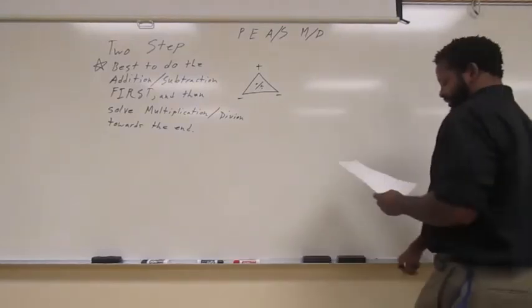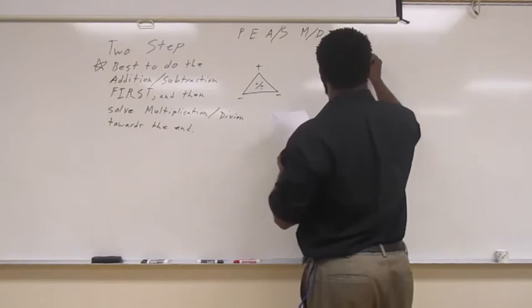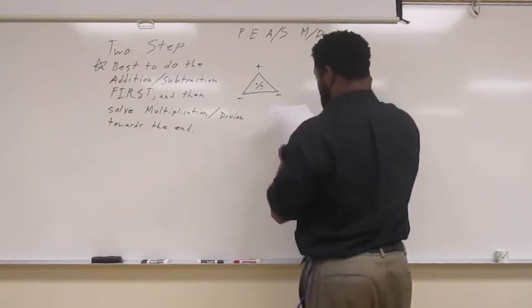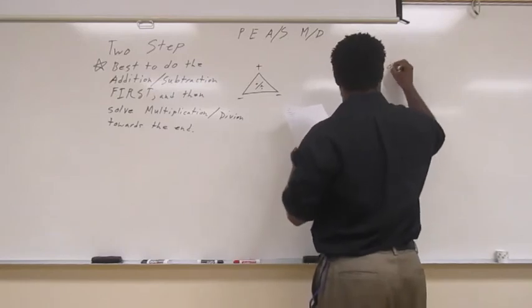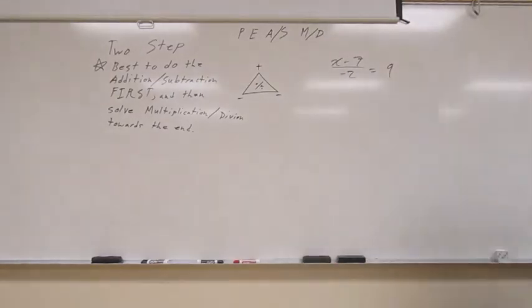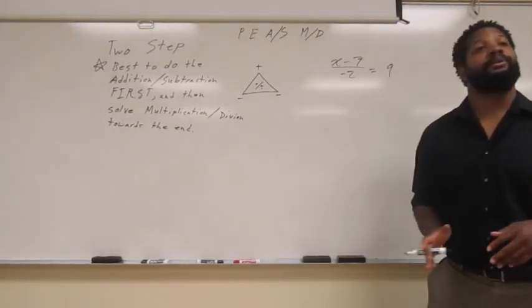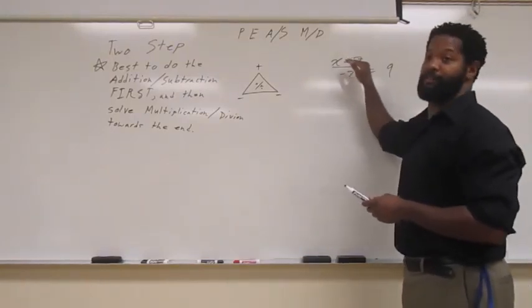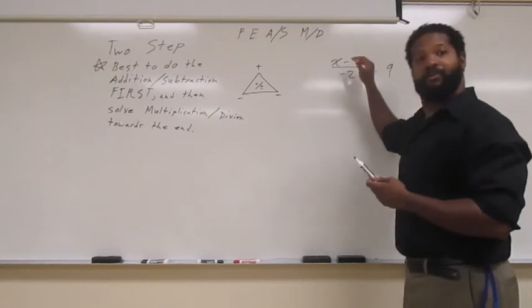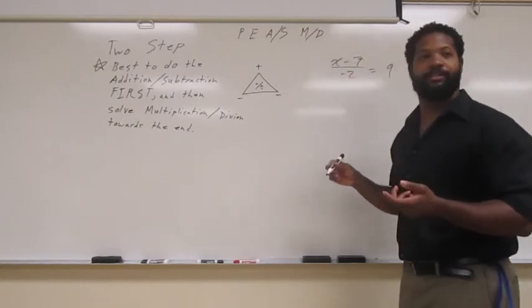So let's say, for example, you might have x minus 7 over a negative 2 equal to 9, right? This is the only time when you're going to be doing division first. Why? Because your x and your subtraction or addition, yes, they are both in the numerator, okay?